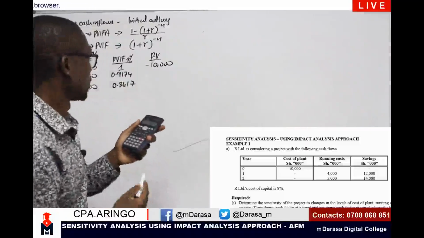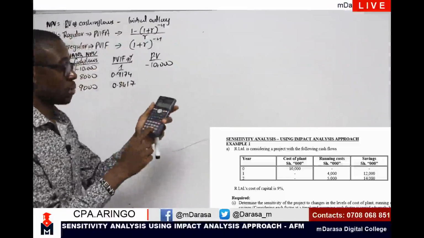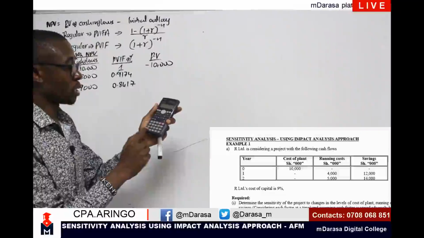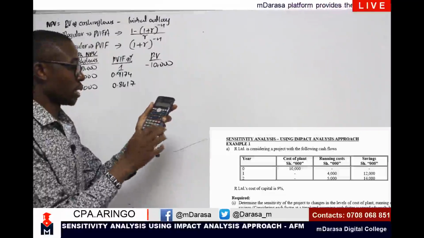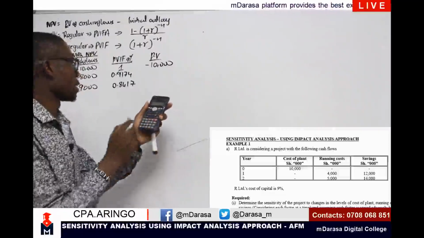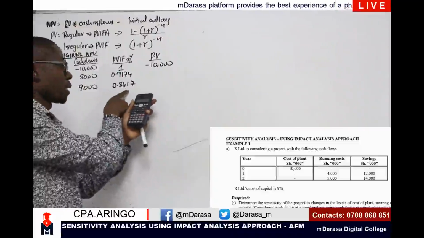Better still, you can use the long route by taking 1 plus 0.09 raised to power negative 2. You'll find that it gives us the same thing, 0.8417.